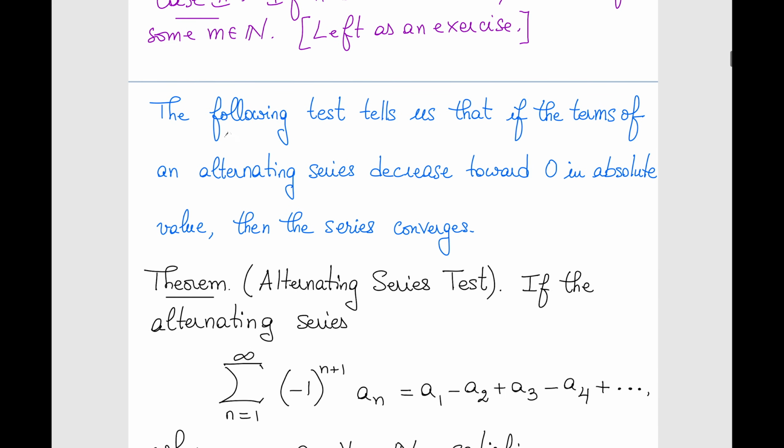All right, so let's read this in blue. The following test tells us that if the terms of an alternating series decrease towards 0 in absolute value, then the series is going to converge.